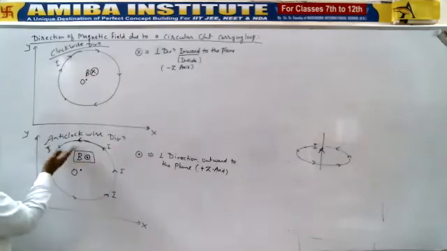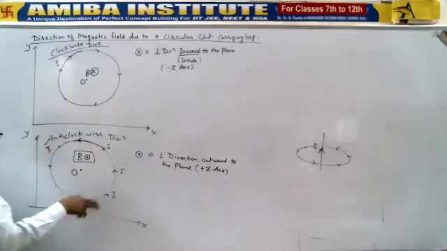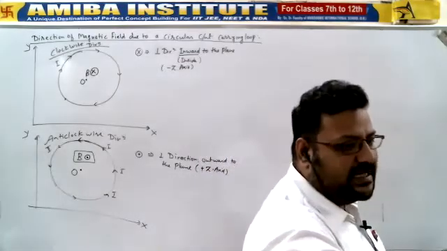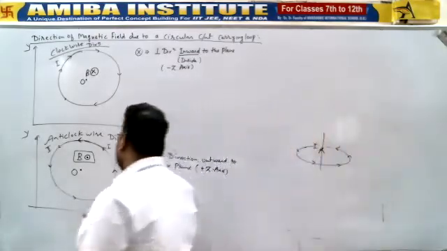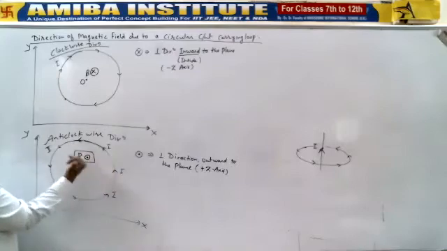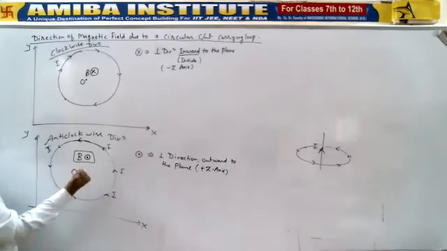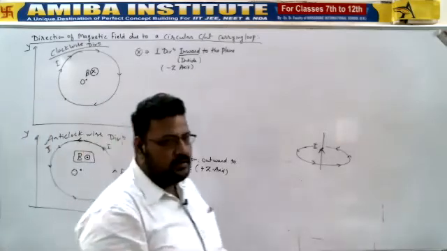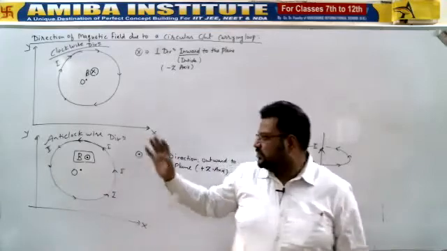Similarly, if I show the direction of magnetic field here, the current is flowing in anti-clockwise direction. If I curl my fingers, then the thumb is coming out of this plane, perpendicular to this plane. So that's why this is a dot. All right. Now, these are the directions of magnetic field.